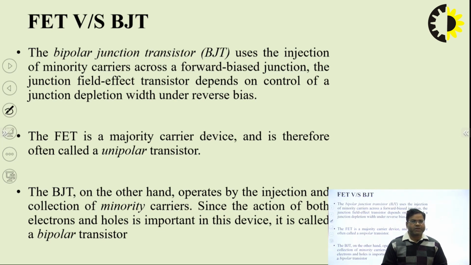BJT is basically a device which uses both kinds of carriers, electrons and holes, for its operation. But FET is a majority carrier device, and only one kind of carrier is used for amplification and for the flow of current. So FET is a unipolar device and BJT is a bipolar device.